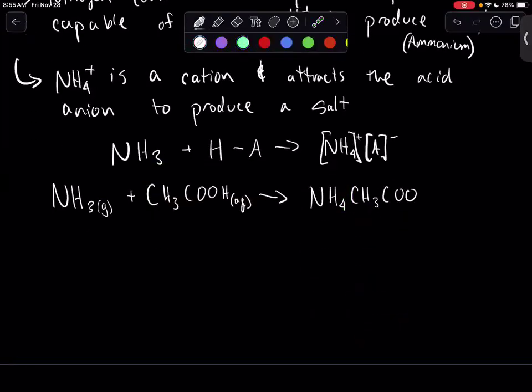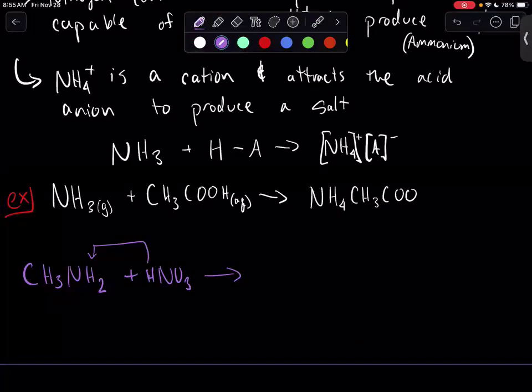How does this change for our amine? Well, if we look at our amine, such as CH3NH2, so methanamine, and we react that with nitric acid, HNO3, it doesn't actually change all that much. This H is going to go ahead and be attracted to the nitrogen.